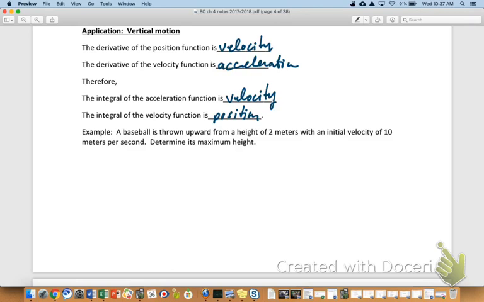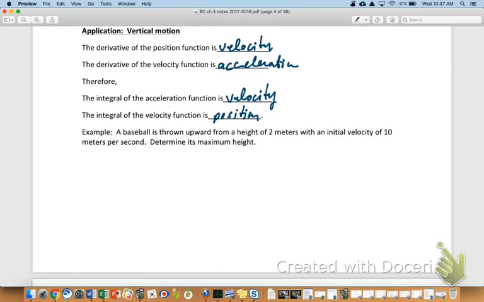So the example here: a baseball is thrown upward from a height of 2 meters with an initial velocity of 10 meters per second. Determine the maximum height. Physics people might instantly turn to a kinematic equation. We will not. I'm going to start you off with one thing.